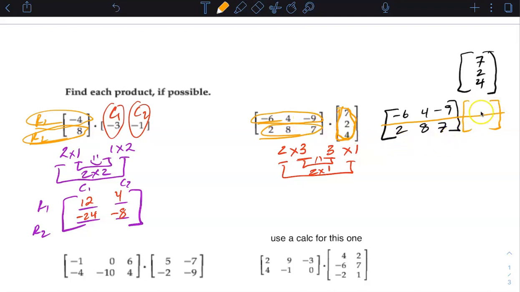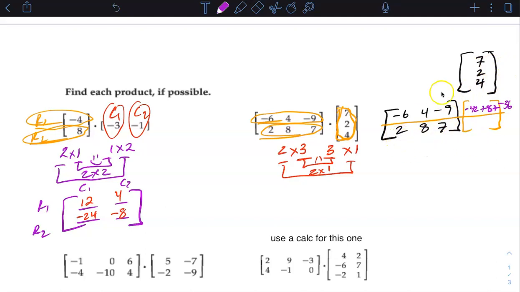So let me solve this right here. Oh, it's going to be a while. Negative 6 times 7 is negative 42, plus 2 times 4, which is 8, plus 4 times negative 9, so negative 36. I'll add that in a second.